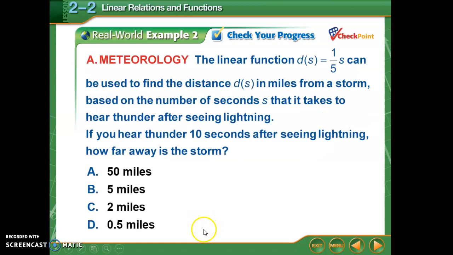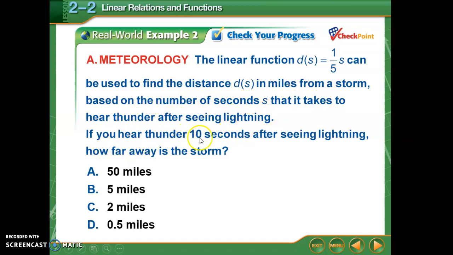Check your progress. Try this one. The linear function d of s equals 1/5 times s can be used to find the distance in miles from a storm based on the number of seconds s that it takes to hear thunder after seeing the lightning.